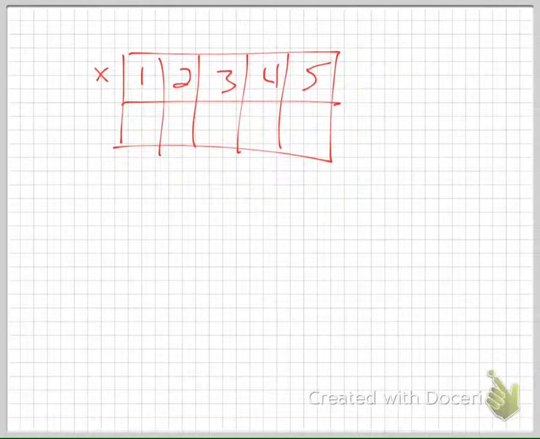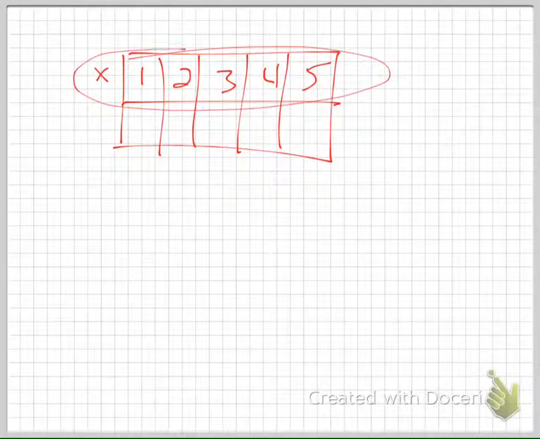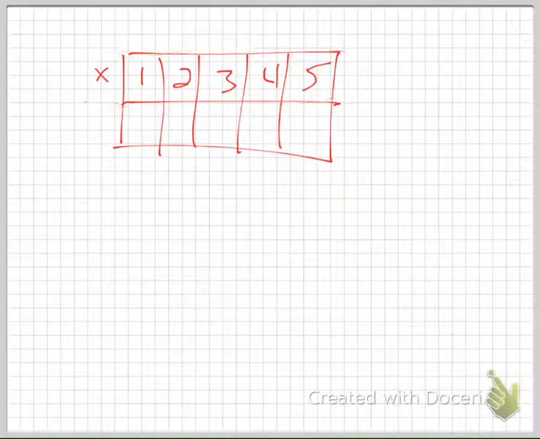Always remember, you're putting money into the machine, the function box. You're putting the coin in. Now you're looking at what comes out. You get to choose what goes in. The machine decides what comes out. Does that make sense? That's why x's are always like 1, 2, 3, 4, 5, or -2, -1, 0, 1, and 2. Why are they always like that? Because we get to pick. What about this though? What if I have this?